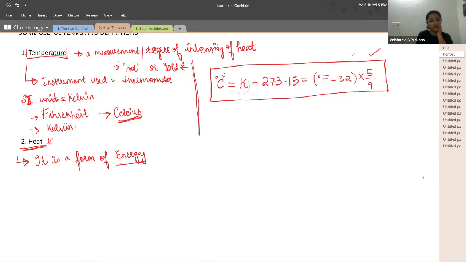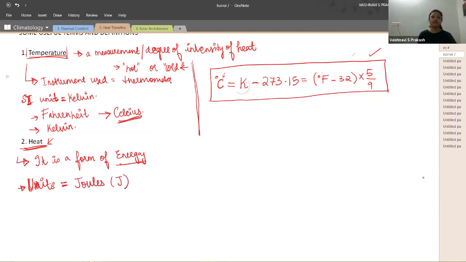Can anybody tell me what the unit for energy or heat is? How do we measure heat? Correct. It's joules, or short form, capital J. Okay. So this is how we measure heat.